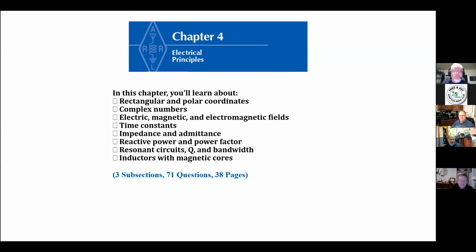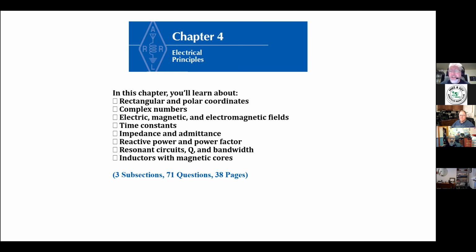So in this chapter, we're going to be covering rectangular and polar coordinates, complex numbers, electric, magnetic, and electromagnetic fields, time constants, impedance and admittance, reactive power and power factor, resonant circuits, Q and bandwidth, inductors with magnetic cores, 3 subsections, 71 questions, and 38 pages.